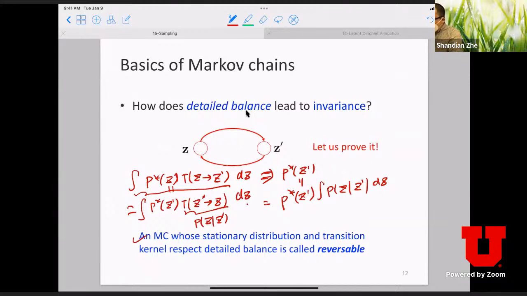If you can construct such a Markov chain, whose stationary distribution and transition kernel respect detailed balance, then this Markov chain is called reversible.